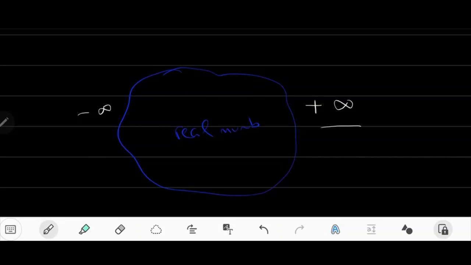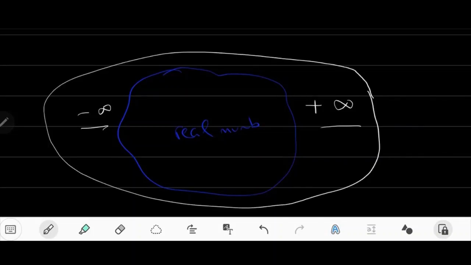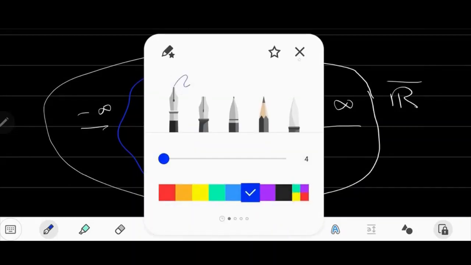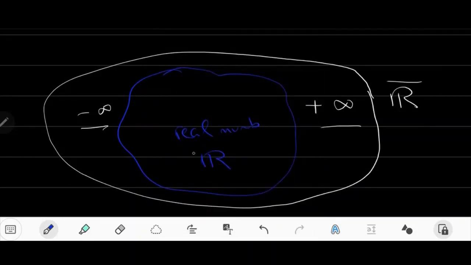So it's not a real number, because if it was a real number, you just add one to it and you will have a real number greater than this number. So plus infinity is considered as an element that is greater than all the real numbers, and minus infinity is an element that is less than all the real numbers. And this new set would be called R bar, while the first one in here was R.